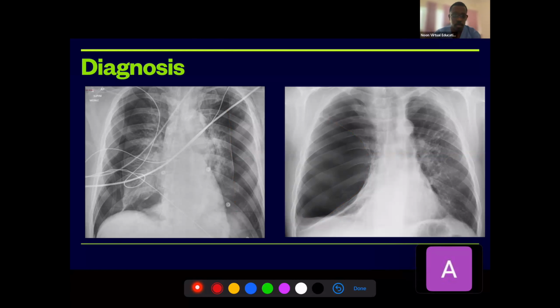The first finding is the concave margin versus the straight pleural margin in pneumothorax. The second is air fluid level in the bulla.